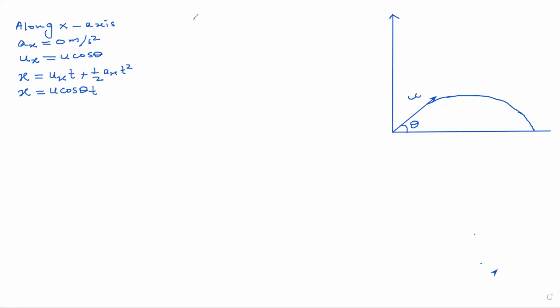Now let us write the equations along the y-axis. Along the y-axis, because we are taking the vertically upward direction as positive, and acceleration due to gravity always acts downward, ay is equal to minus g. Then uy is equal to u sine theta.